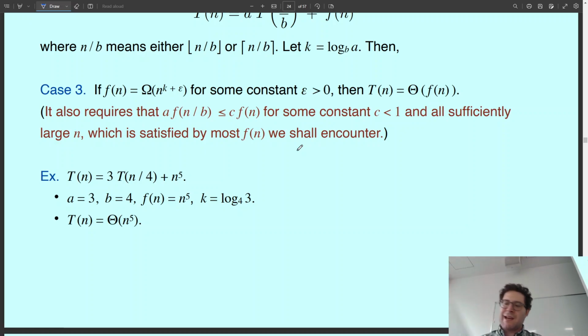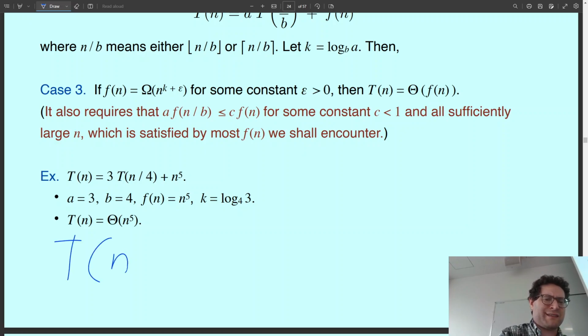What does that mean? That means that the master theorem is kind of worthless if our runtime looks like this.